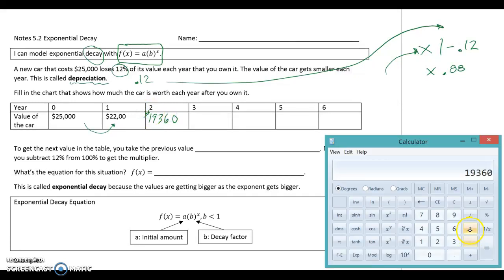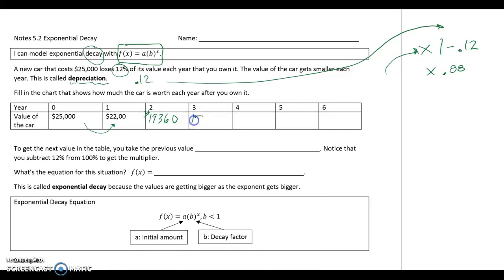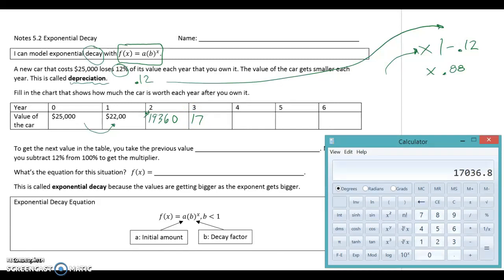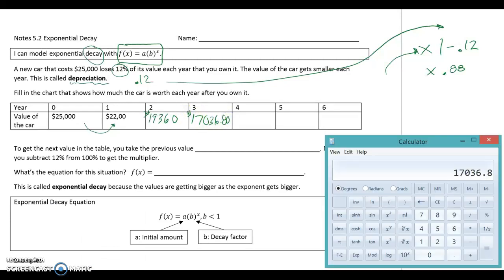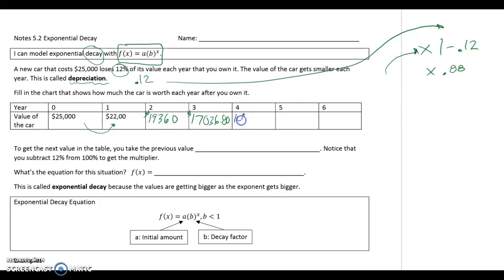Continuing in that fashion, if I take it times 0.88 again, I get $17,036.80. Continuing, times 0.88. Now we'll have to round to the nearest penny here. $14,992.38.